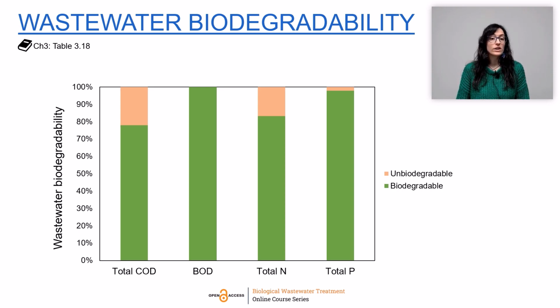Total COD, for example, can contain up to 80% of biodegradable COD, while the rest should be unbiodegradable. And something similar occurs for total nitrogen. Total phosphorus can have a higher biodegradable fraction, up to 98%. And BOD, on the other hand, will always be completely biodegradable.